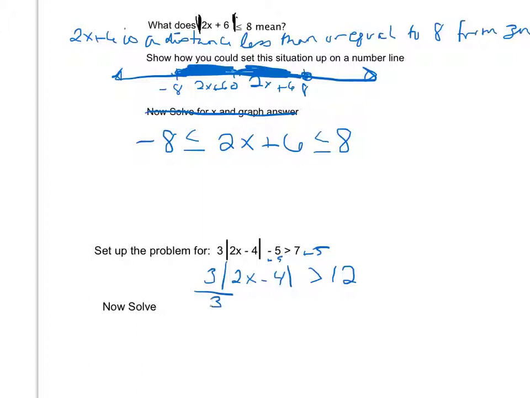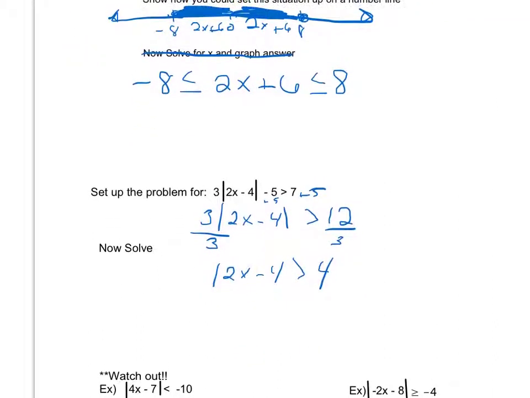And divide by 3 because I cannot distribute into absolute value bars, and I get the absolute value of 2x minus 4 is greater than 4. So I want to go ahead and set that up. I'm not worried right now about solving it. So setting this up, that is telling me that 2x minus 4 is a distance greater than 4 from 0.